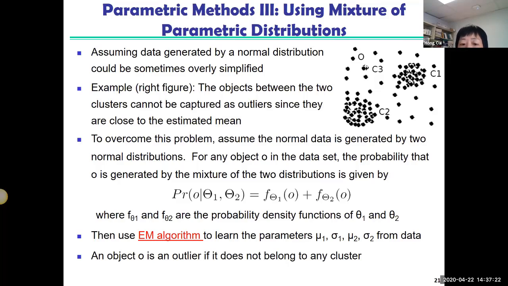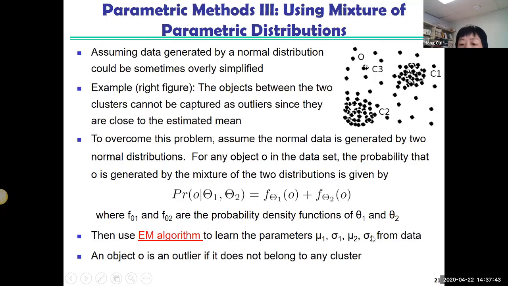The EM algorithm is designed so that you have to tell EM how many distributions are in the data set. So let's say 2. And EM is going to use two steps iteratively to find those parameters.